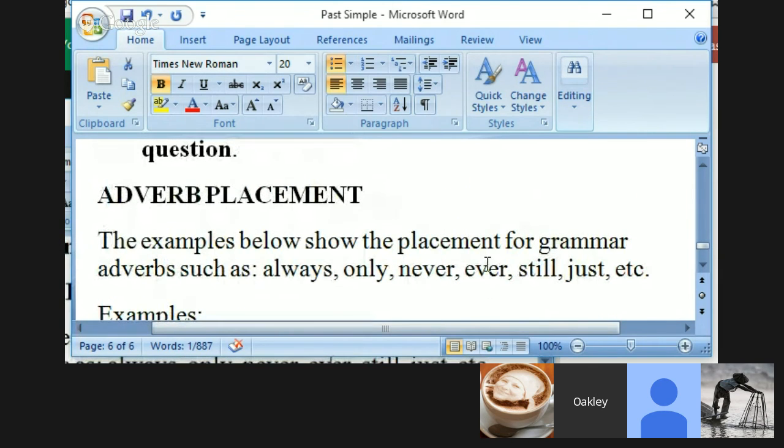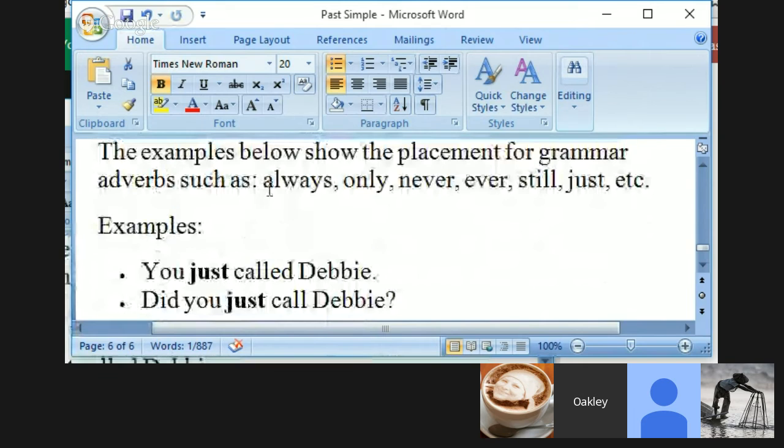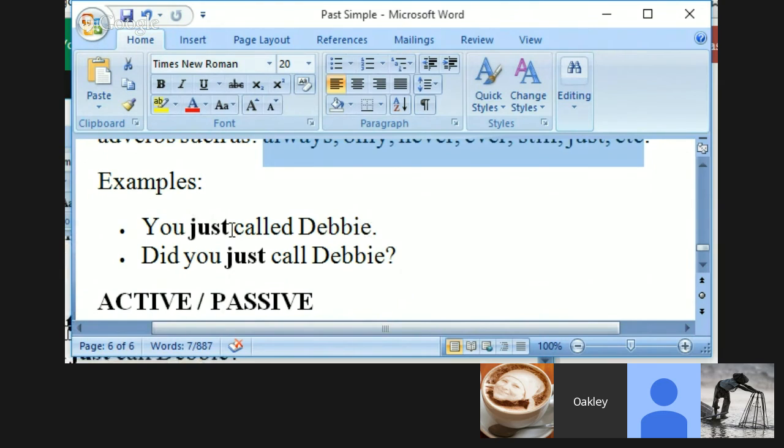Okay, another note about adverb placement in past simple sentences. We very often add adverbs to show frequency or when something happened. Adverbs like always, only, never, ever, still, just. The proper placement of those adverbs is here, just in front of the main verb.